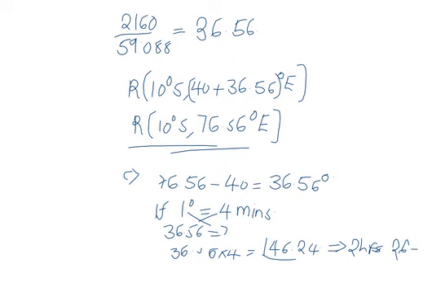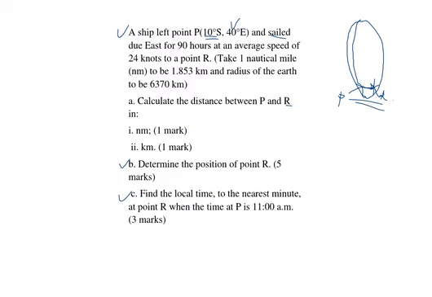Now to get the time at point R, we will add the difference in time to the time at point P. So this will be 11 a.m. plus 2 hours 26 minutes, and this gives us 13:26, which is 1:26 p.m.